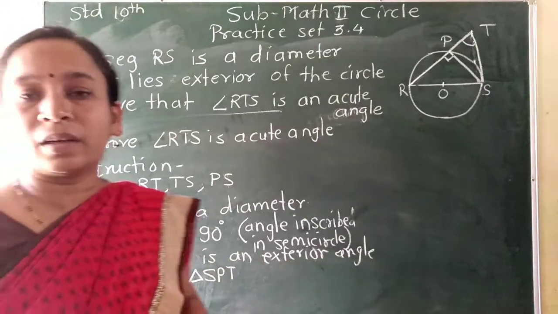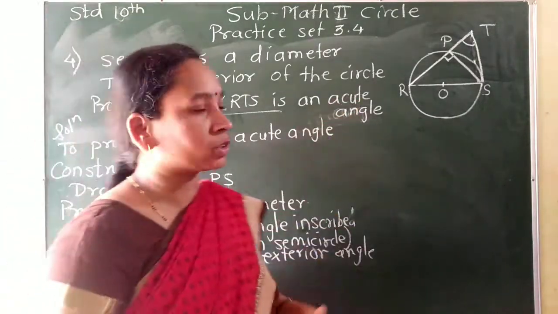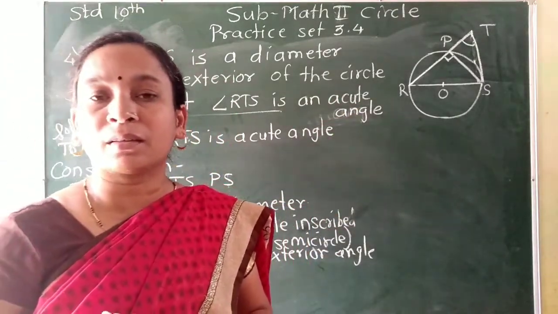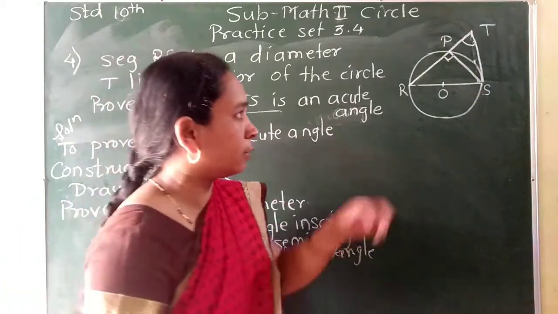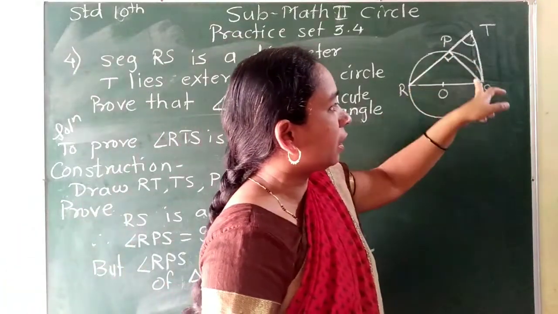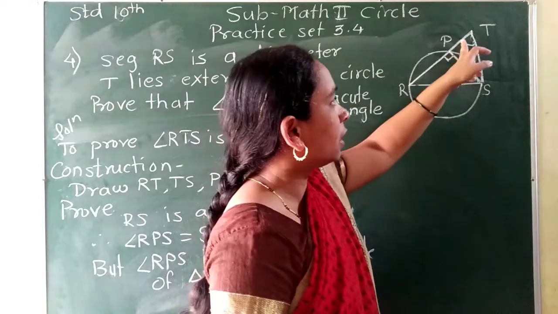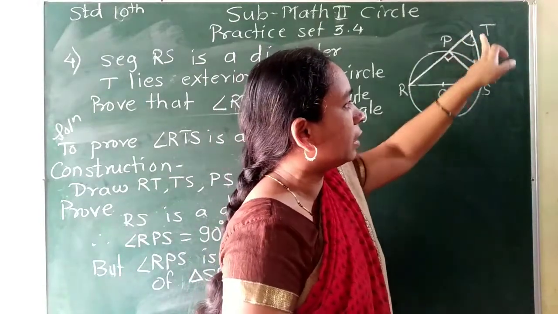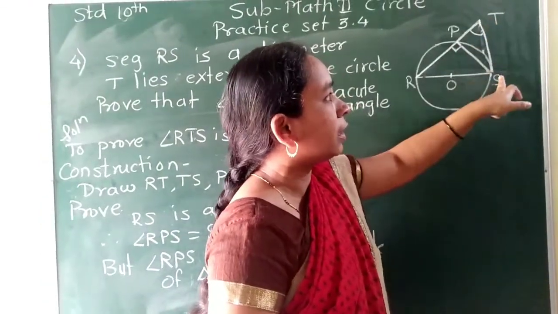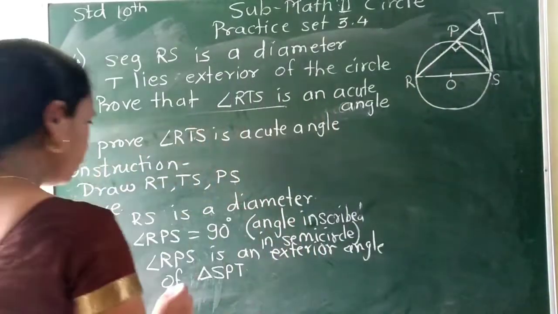If it is an exterior angle of this triangle, then by the exterior angle theorem, angle RPS is nothing but the sum of angle PTS and angle TSP.